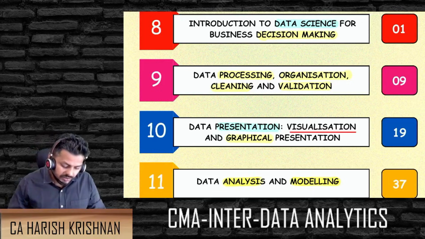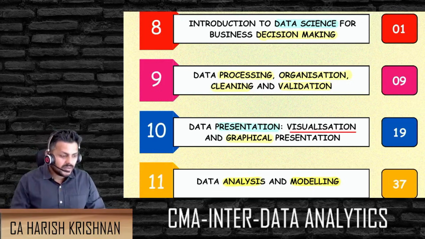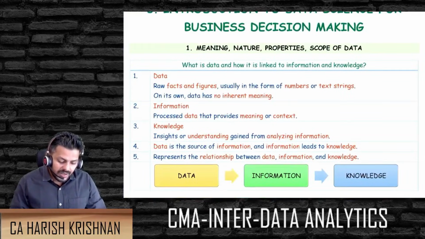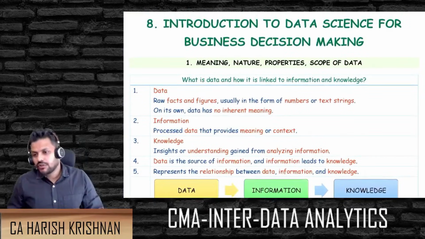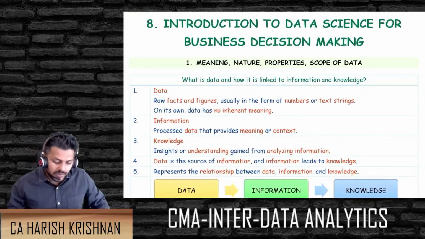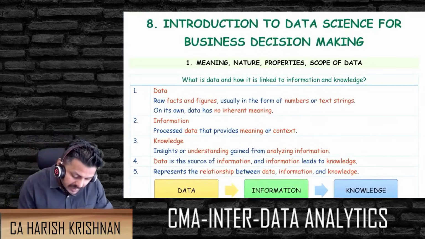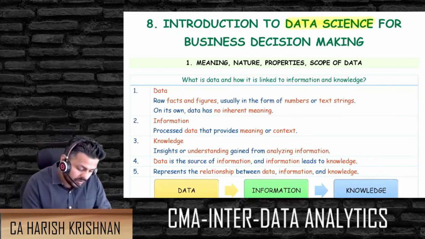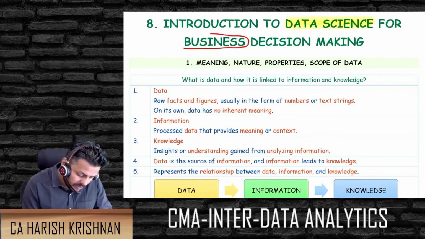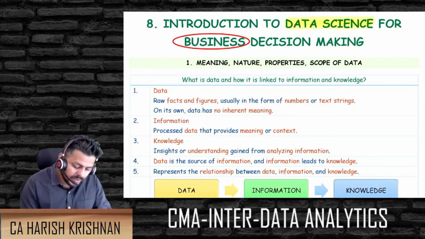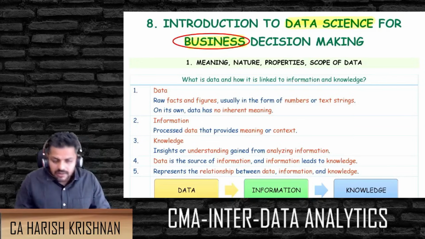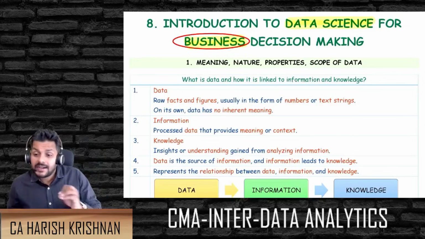There's nothing much. So first, we will discuss what is data, what is information, and what is knowledge. The story starts by talking about what we mean by data science. For every business, as we already know from management, a lot of things depend on the data that you collect, right?